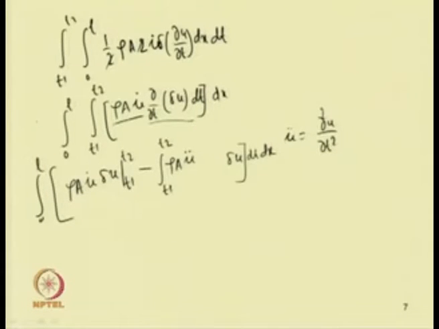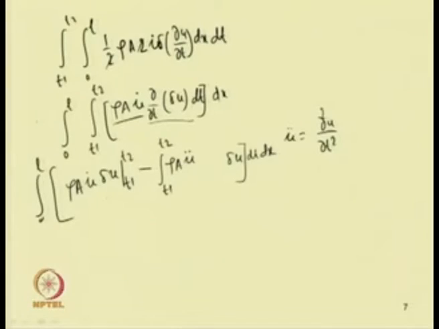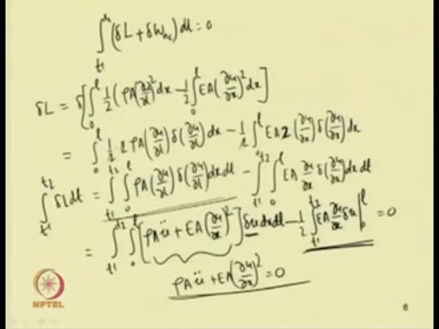According to our Hamilton principle, this term del u vanishes at the two times, that is T1 and T2. That is why this term becomes 0.